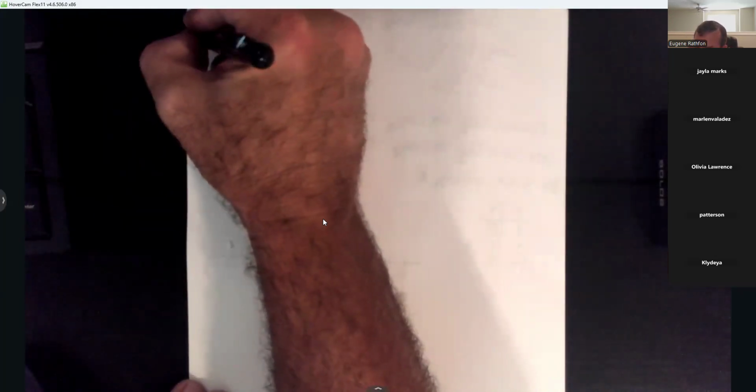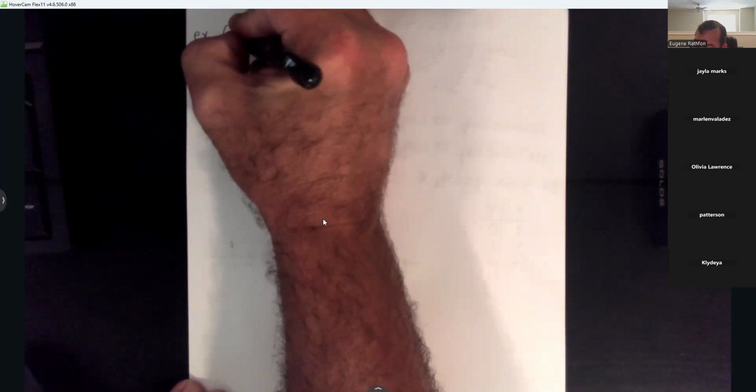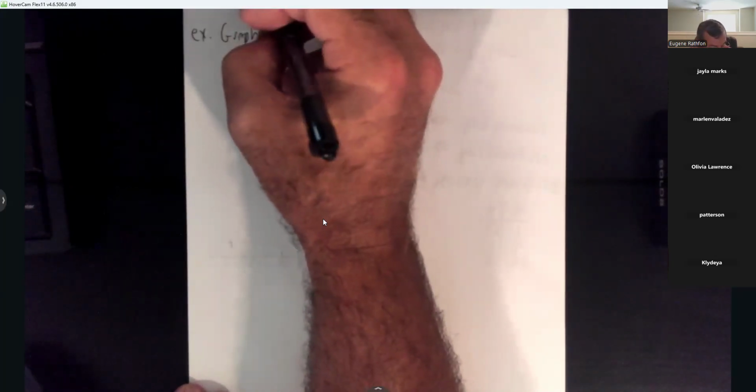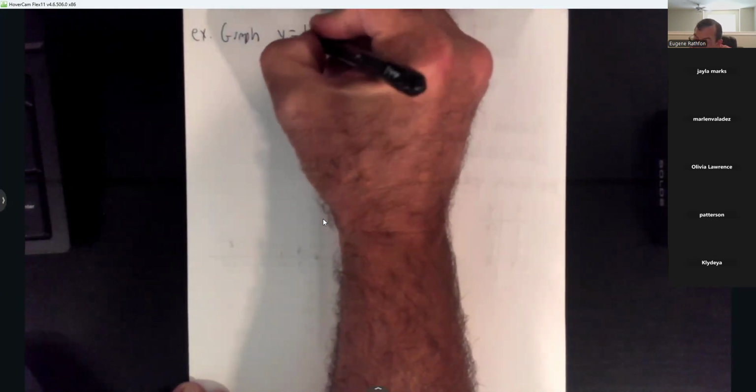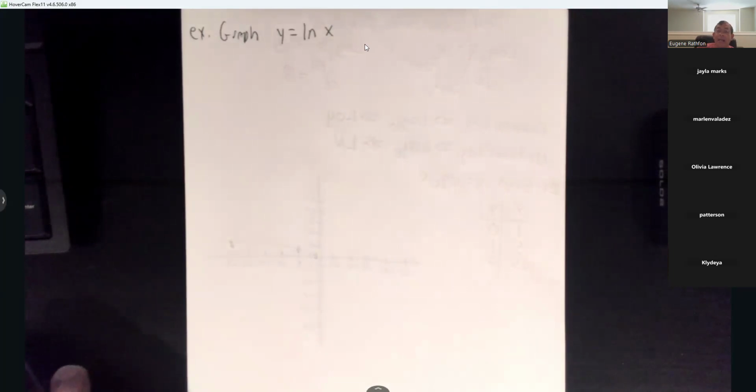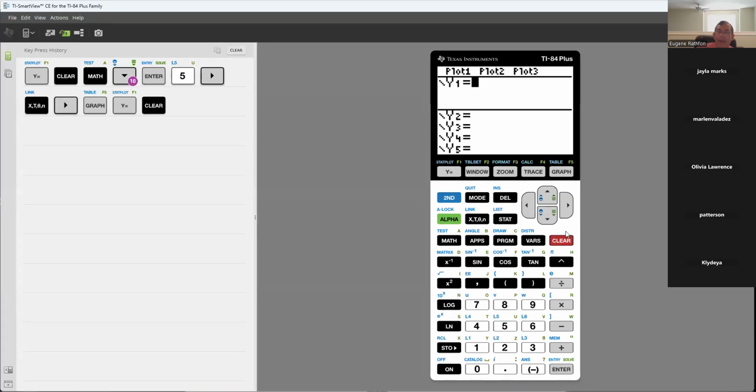All right, then they had one graph, y equals ln of x. Well, on that, we actually got an ln button. So let me share my screen. Go to y equals, clear that out. ln is right on the front next to the 4 right here.